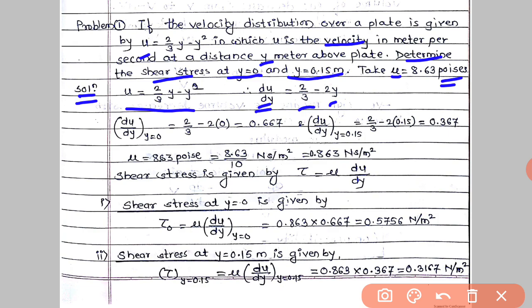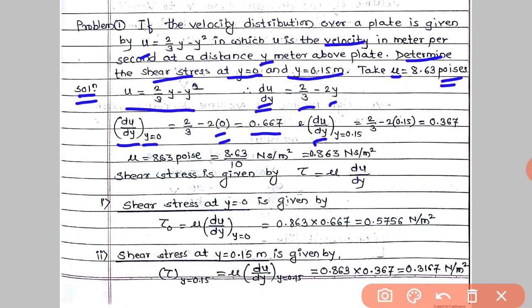Now we have to calculate du by dy at the given values of distance, that is y is equal to 0 and y is equal to 0.15 meters. So du by dy at y is equal to 0: put the value of y as 0 here, and it comes to 0.667.